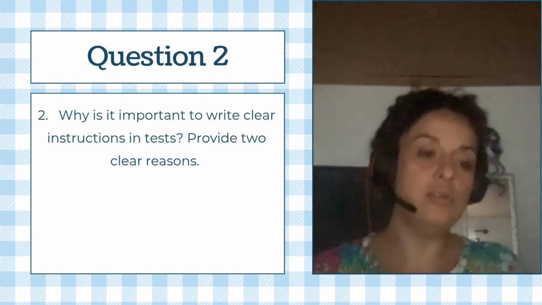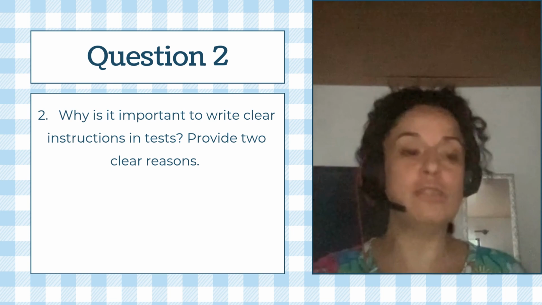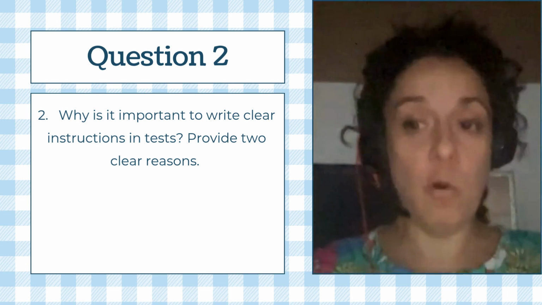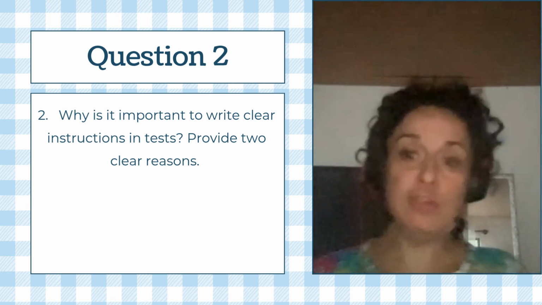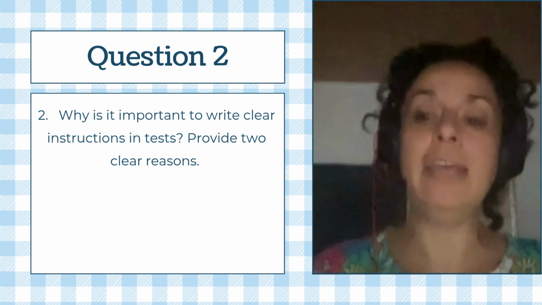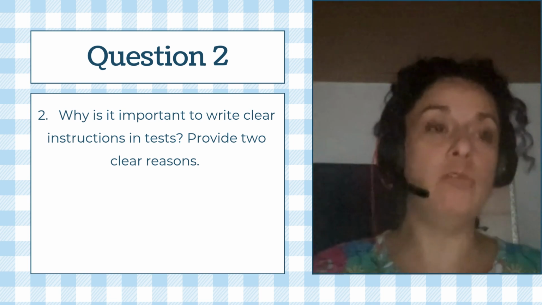So we cannot use expressions, vocabulary, or instructions that are more sophisticated than what they know, because if not, they are going to be confused. The second reason is that we need to specify the type of item that we are going to use.